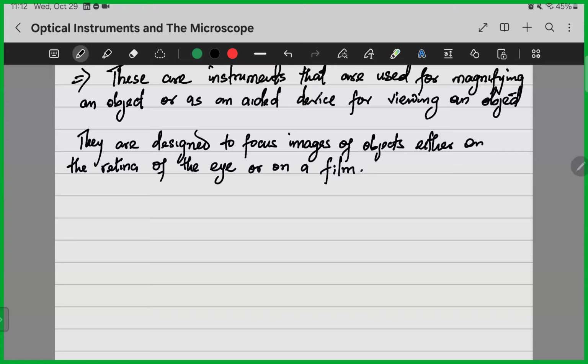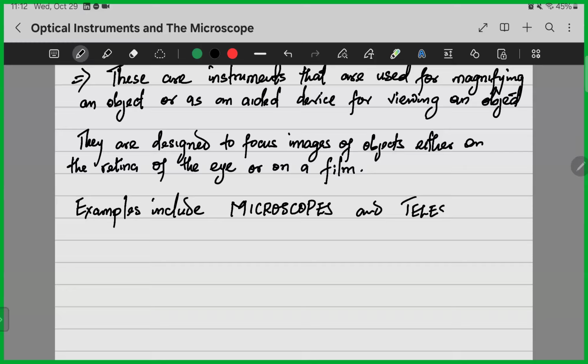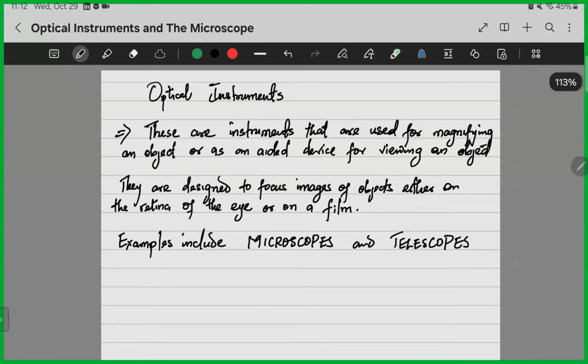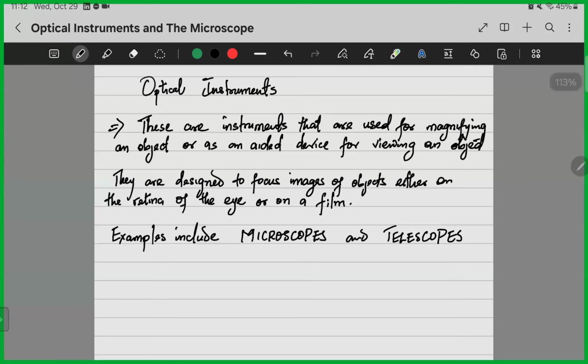So we can say examples include microscopes and telescopes. So pay attention. Optical instruments, some examples are microscopes and telescopes.